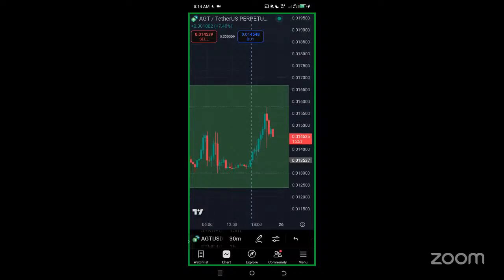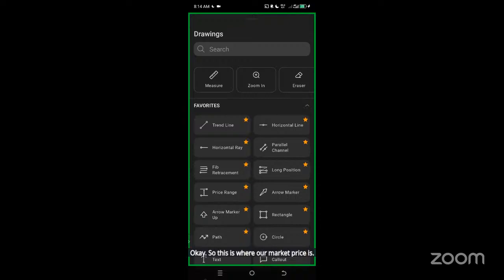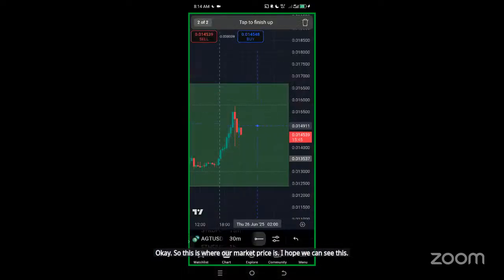I hope we can see this. Currently it is trading at 0.14562. That is where the market price is.